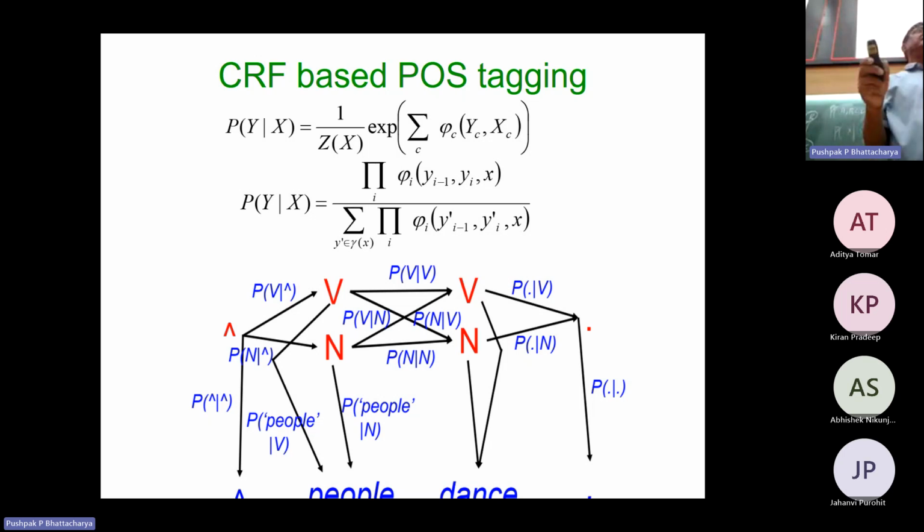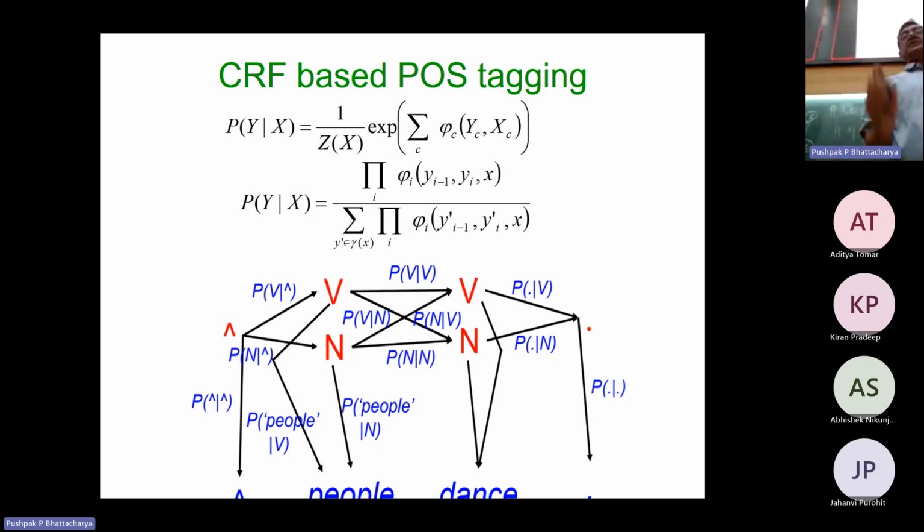For conditional random field, I have this graph, and this graph now does not have these outgoing edges going to the words. That is not there anymore. You have the labels as the nodes of the graph, and at every position we have a feature function.